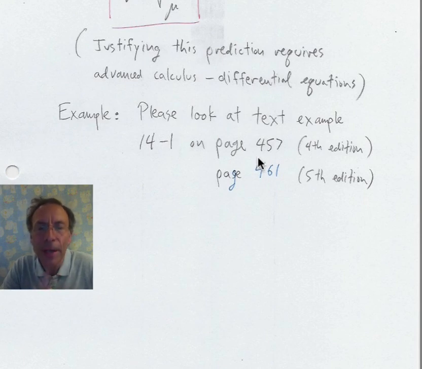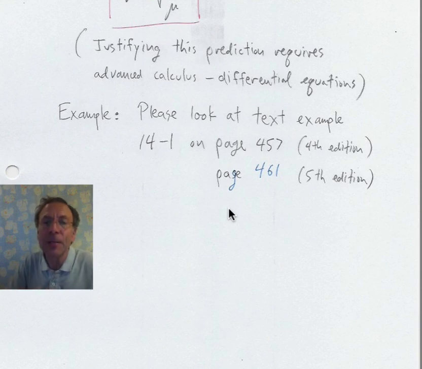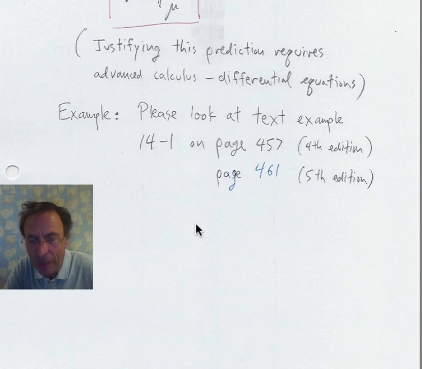Also, on the next page, page 458, there is what they call a conceptual checkpoint. So on page 458, look at the conceptual checkpoint, make sure that you understand that. After you've looked at the book, then go on to the next video. All right?